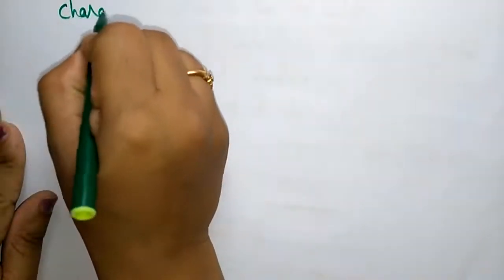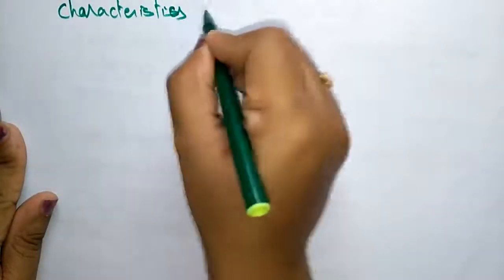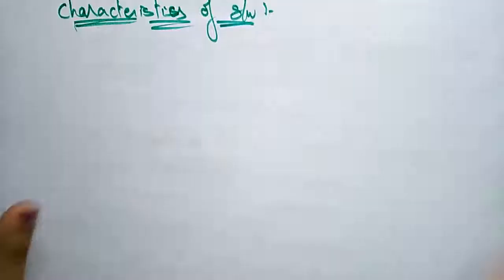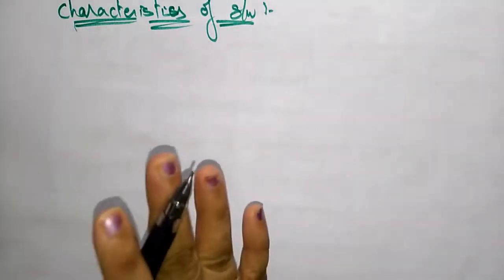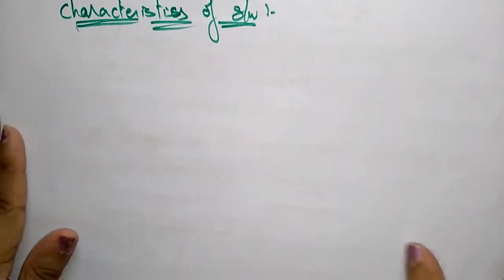What are the characteristics of software? Software is developed or engineered, it is not manufactured. The first thing is that software is just code you are writing. Whatever you write is going to be implemented, and that should be logical.